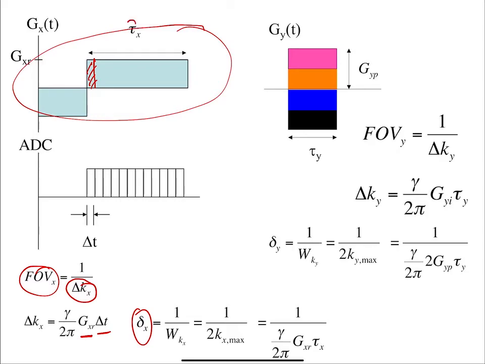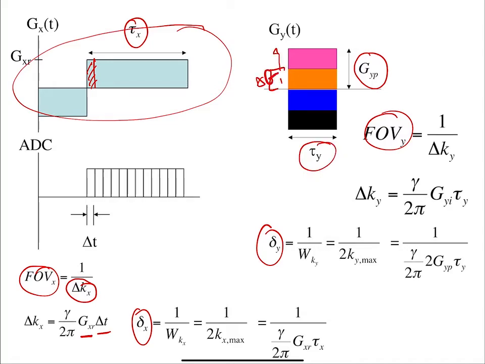So that would determine my tau sub x, okay? So that's totally determined by the FOV of x and resolution in x. And then the FOV of y and the resolution of y determines things like what's the size of this gradient, what's its width, how many samples do I take, what's the incremental delta g, things like that. Okay, so that's sort of the overall picture.